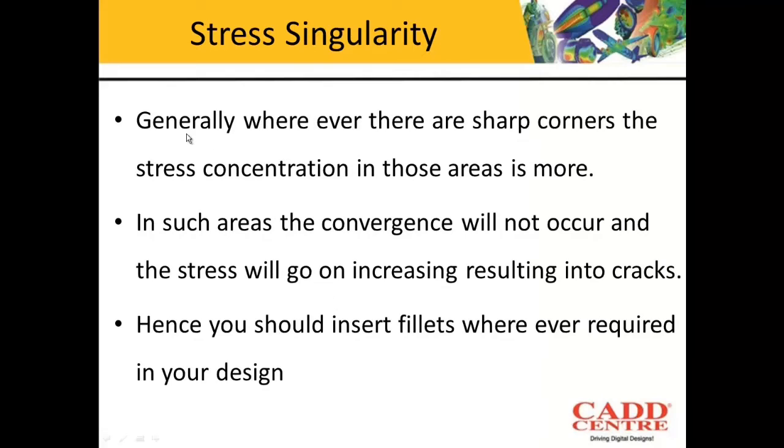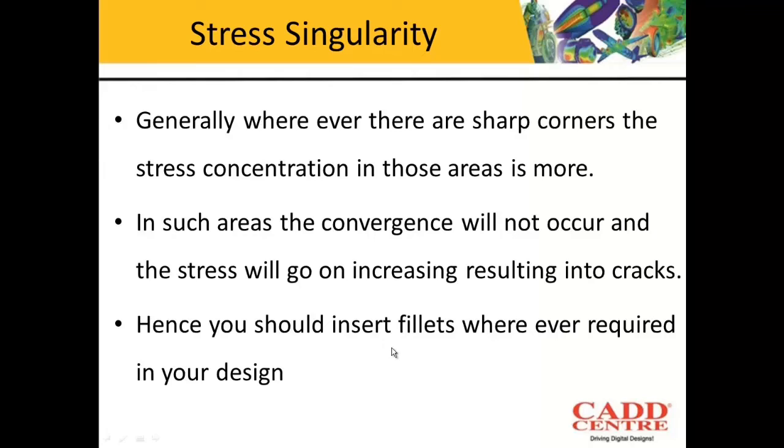The second reason can be whenever there are sharp corners in your design. In those sharp corners your stress concentration is very high. Whenever you go for refinement of meshing, these stress values will go on increasing, and in those sharp corners cracks start developing. These cracks will only go on increasing and the stress value will never reduce.